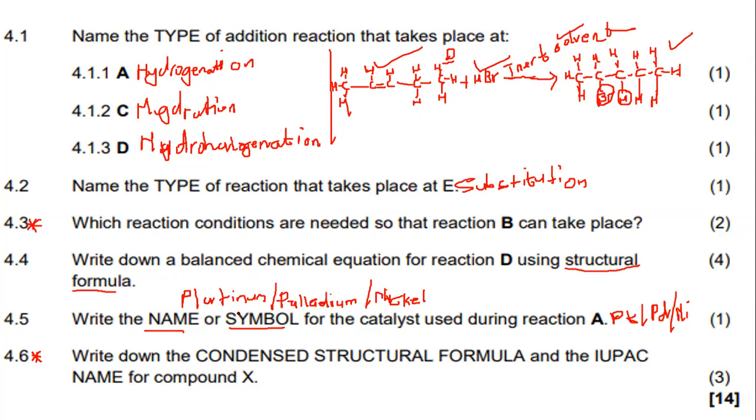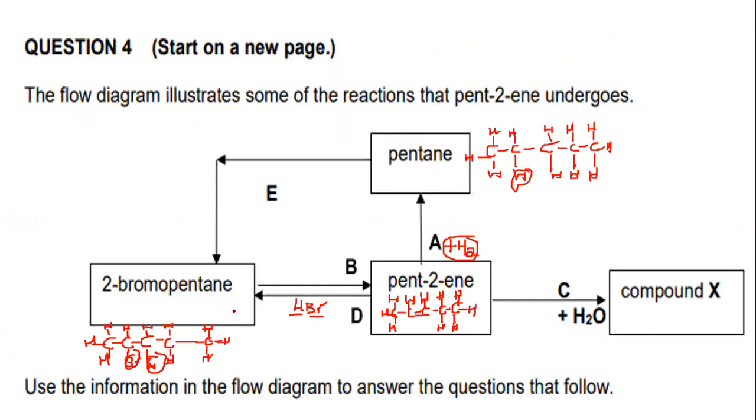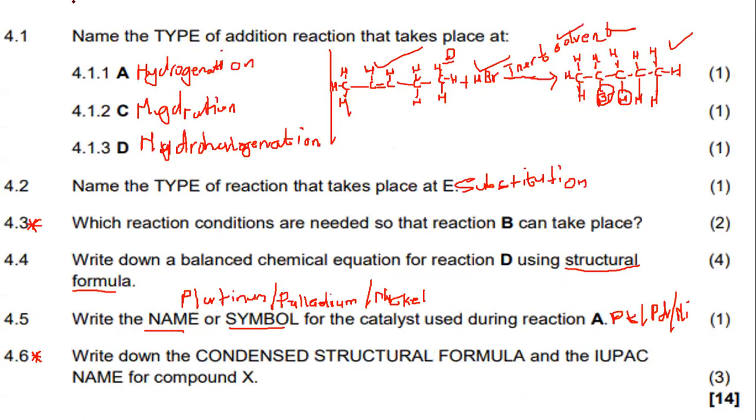But compound X, it's hydration, and definitely what I would have formed is an alcohol molecule, to put it simply for you. So you don't really have to deal with the rest of how this product is going to form and so on in terms of condensed structural formula.